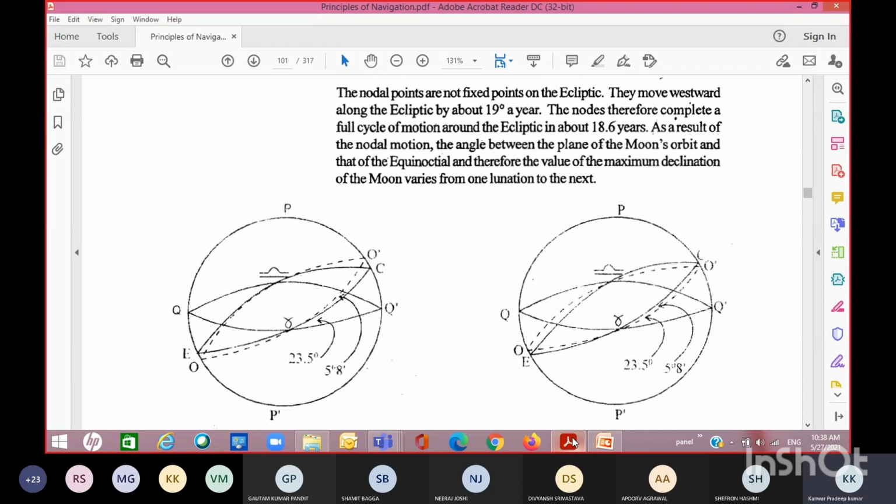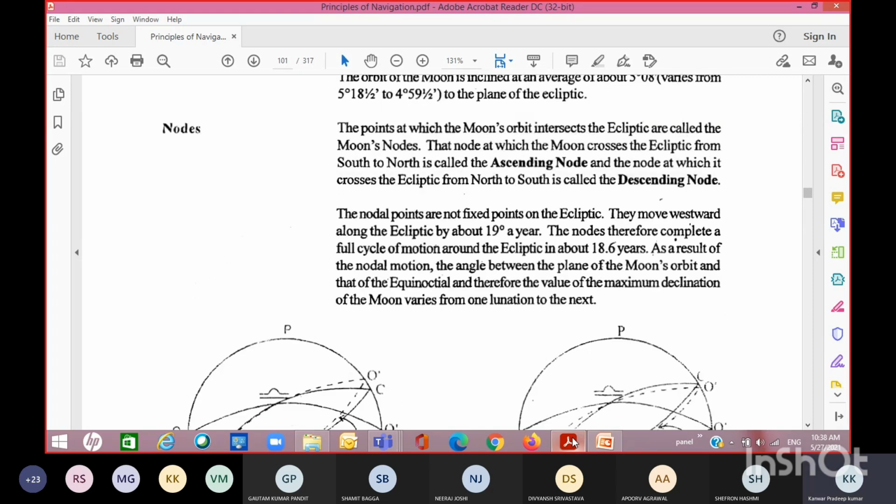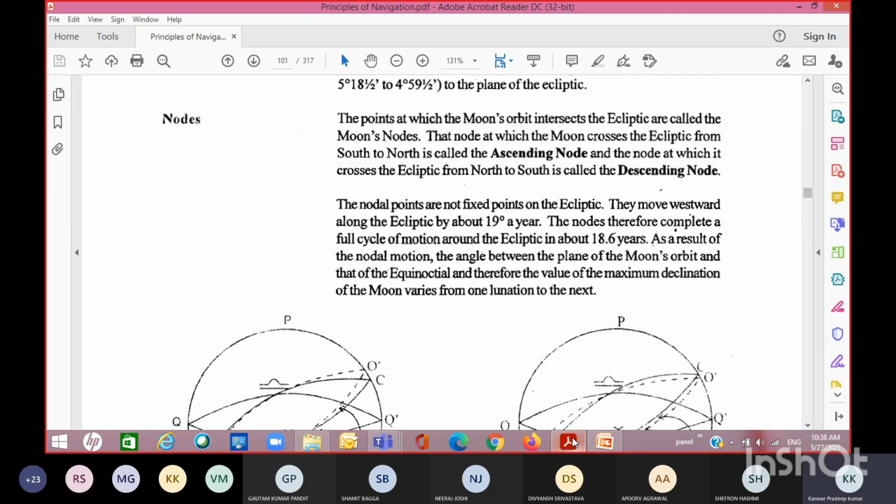We need to know this because when an eclipse takes place, it has to be during the nodes. So let me read it out. The points at which the moon's orbit intersects the ecliptic are called the moon's nodes. The node at which the moon crosses the ecliptic from south to north is called the ascending node, and the other one is called the descending node.